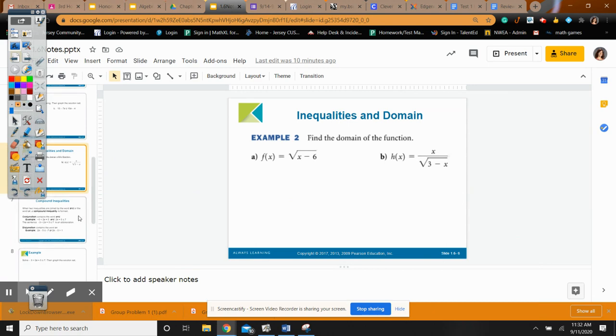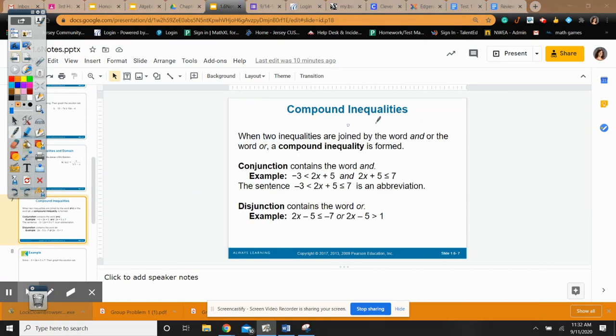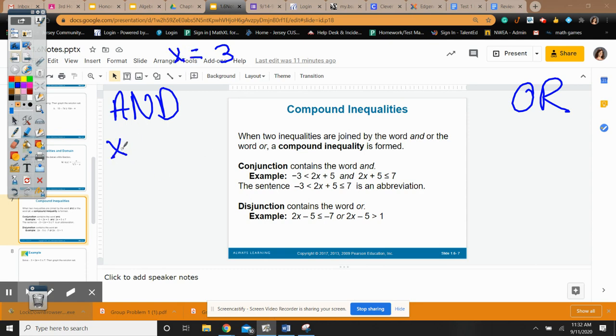Okay, compound inequalities just mean 2 inequalities at once. And there are a couple ways that this could look. There are and inequalities, and there are or inequalities. So a number, let's say 3, let's pretend x equals 3, okay? 3 is bigger than 2.